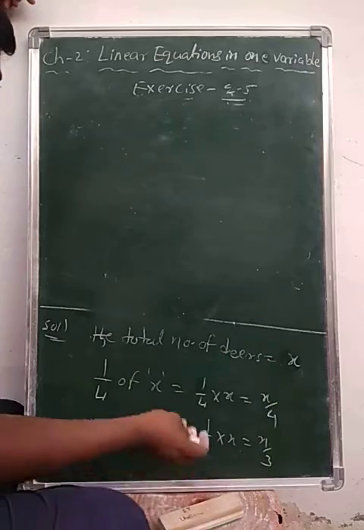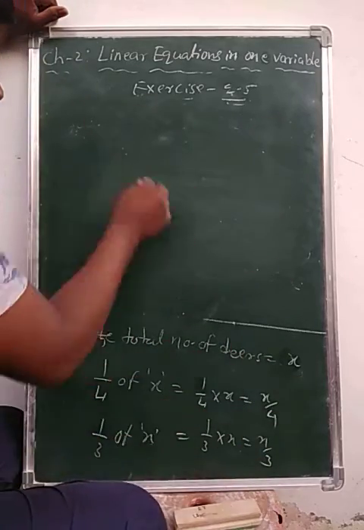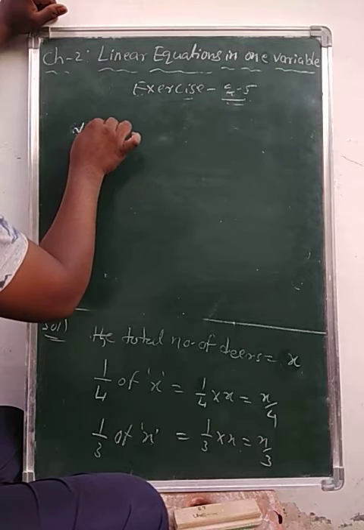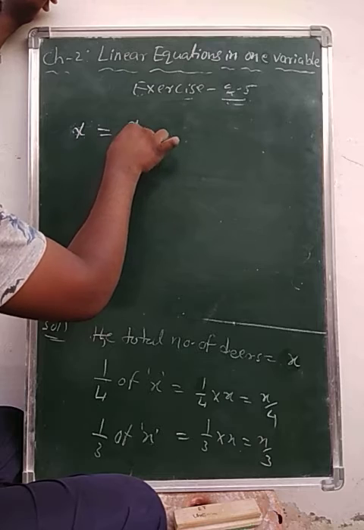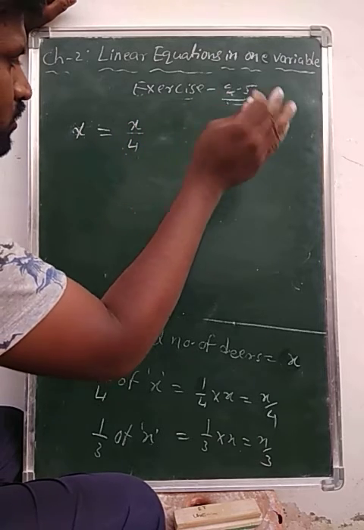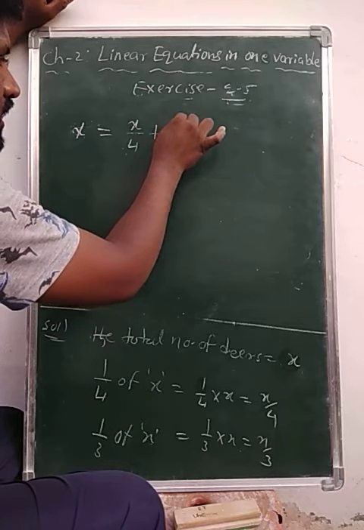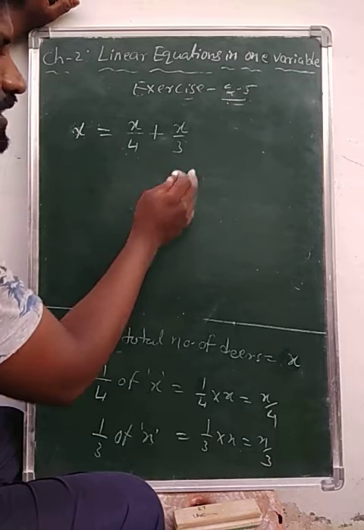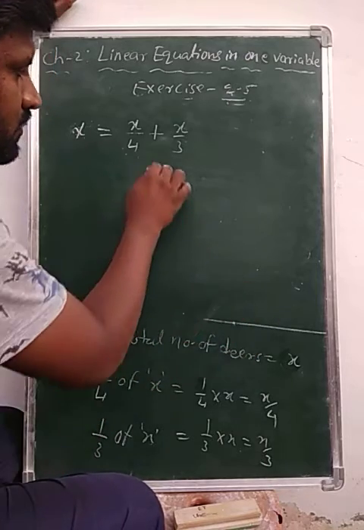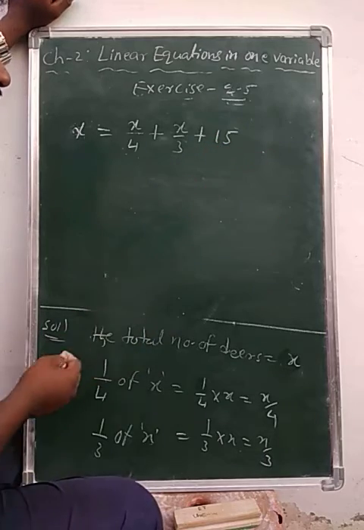Yes, by problem the total number of deers are what? The total number of deers x is equals to, in that 1/4, that is x by 4th of the deers are gone to forest, and 1/3, that is x by 3, of the deers are grazing in a field, plus 15 remaining are drinking water.